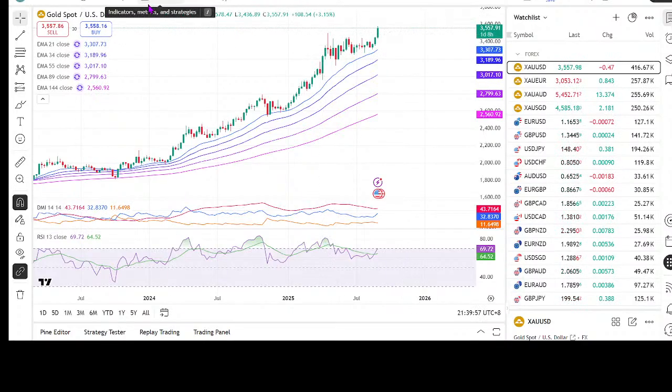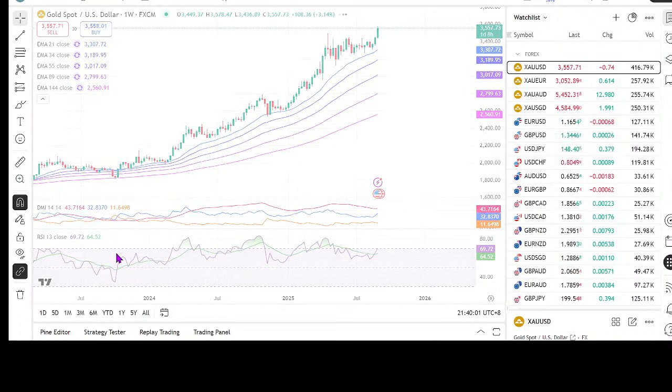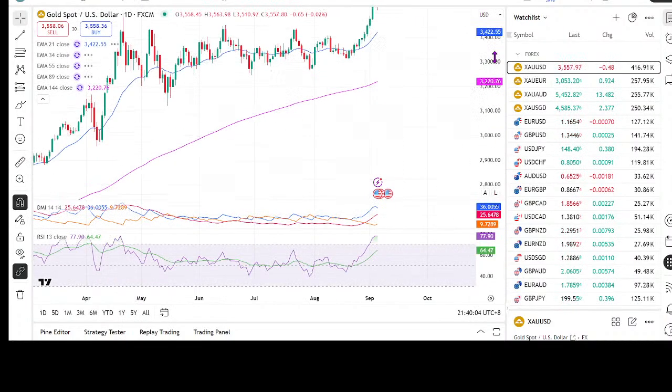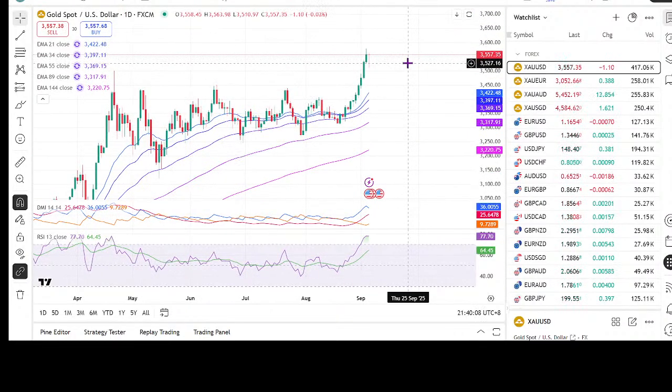Then as far as the daily trend is concerned, today we had a price break the previous day low, which we felt that the price has already seen the top.